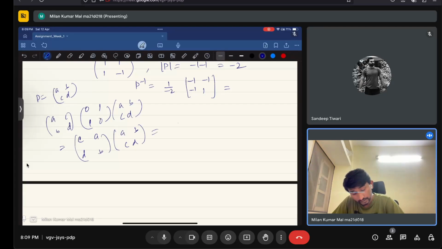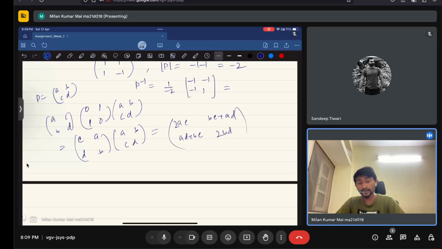So this equals 2AC, then AD plus BC, and AD plus BC, same thing, and then 2BD, right? This is the matrix. So any matrix will be of this form.